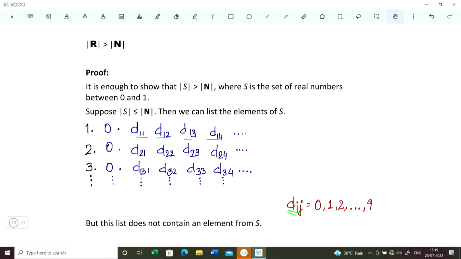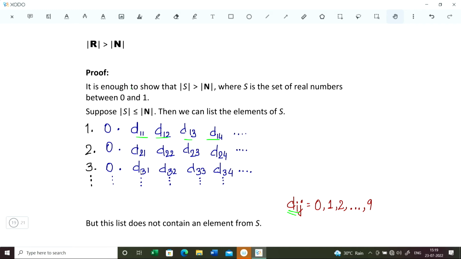Similar in nature to the primes, I have assumed that the set cannot exceed the cardinality of natural numbers, and I think I have collected all the real numbers between 0 and 1. Now, similar to the case of prime numbers, can we find a tricky number here? The idea is to do that.